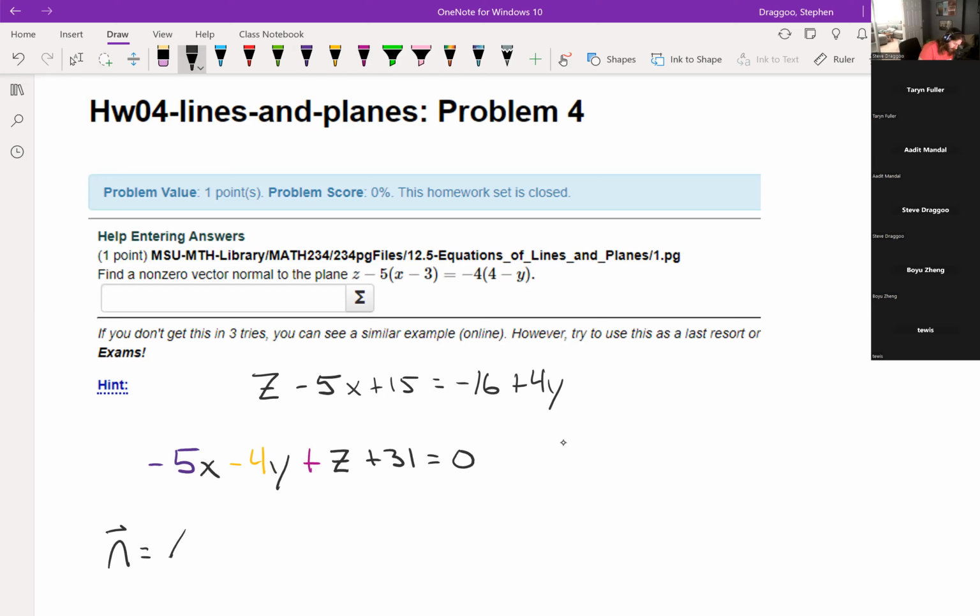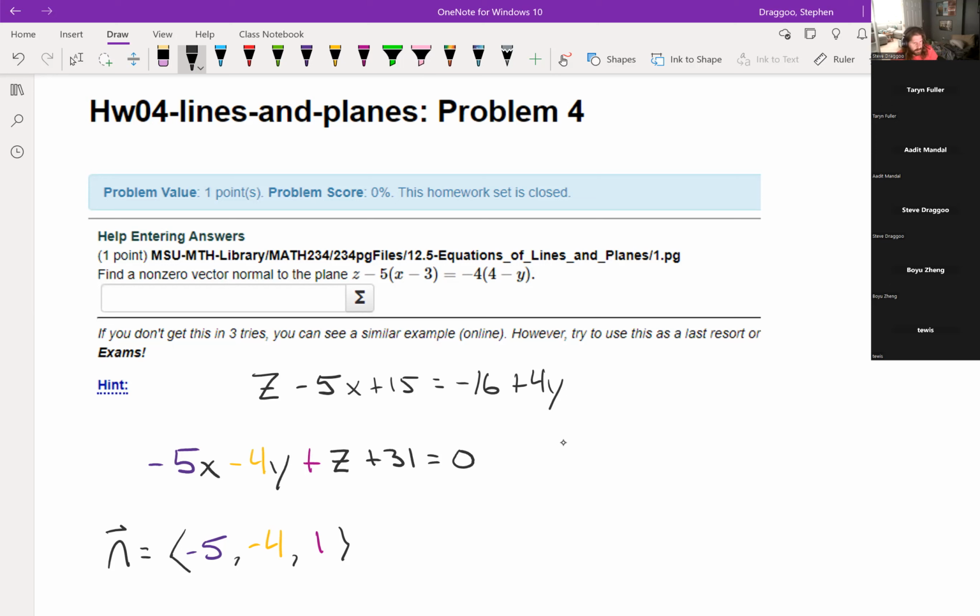Normal vector: -5, -4, and +1. So that is the easiest non-zero normal vector to pick out for our plane.